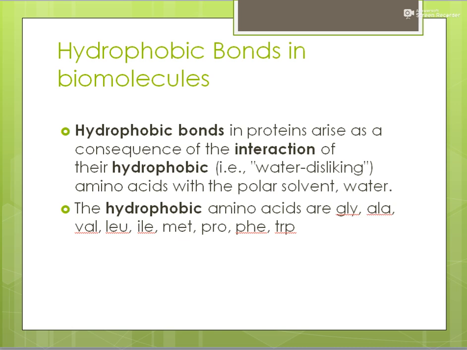So the proteins which have these amino acids, or the regions where these amino acids are present, will be hydrophobic in nature. I'm not saying that an entire protein is made up of hydrophobic amino acids, but some regions of the protein might contain them. At those regions, they will show some hydrophobic interactions.